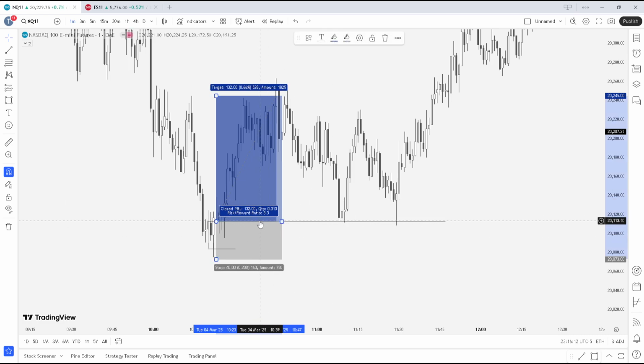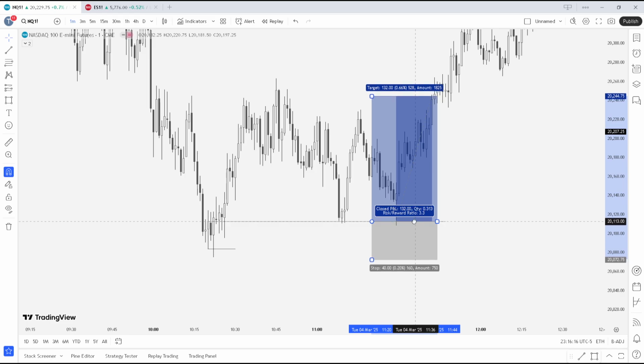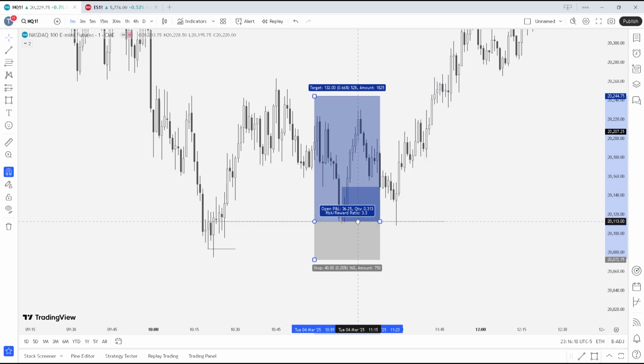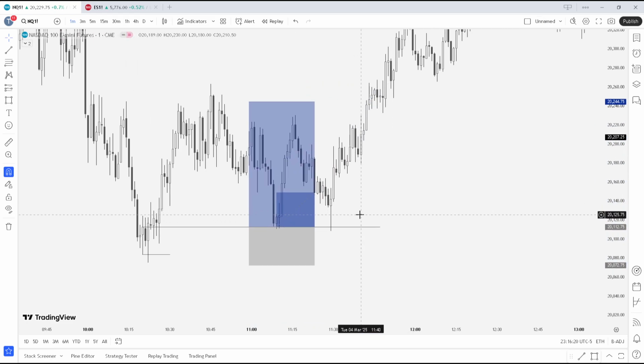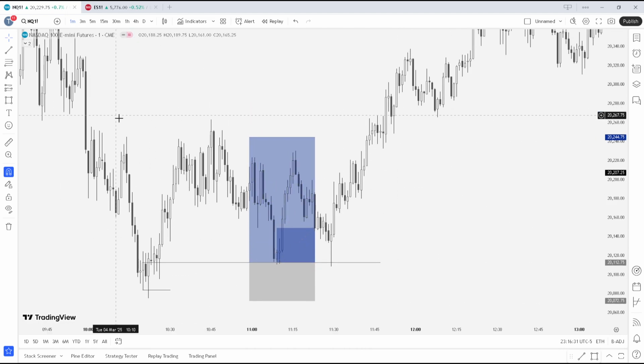And the other entry you could have gotten is either this one or this one. They would have both worked, but in general, I don't like to take entries when it taps into the breaker the second time or the third time after sweeping all of this buy side.